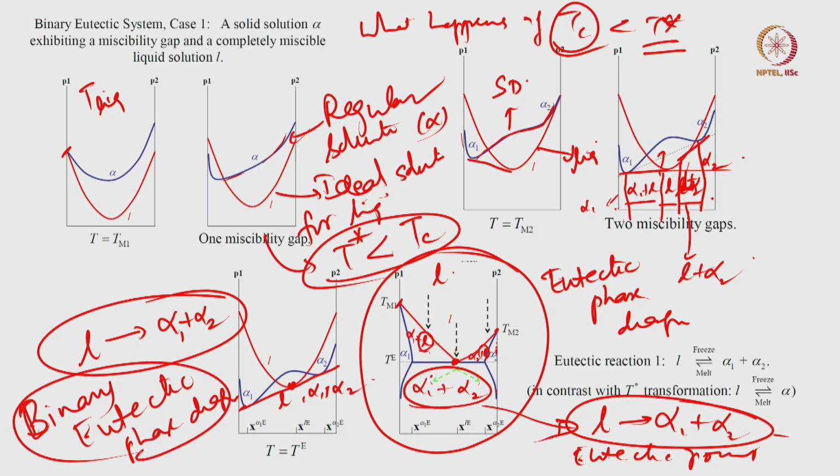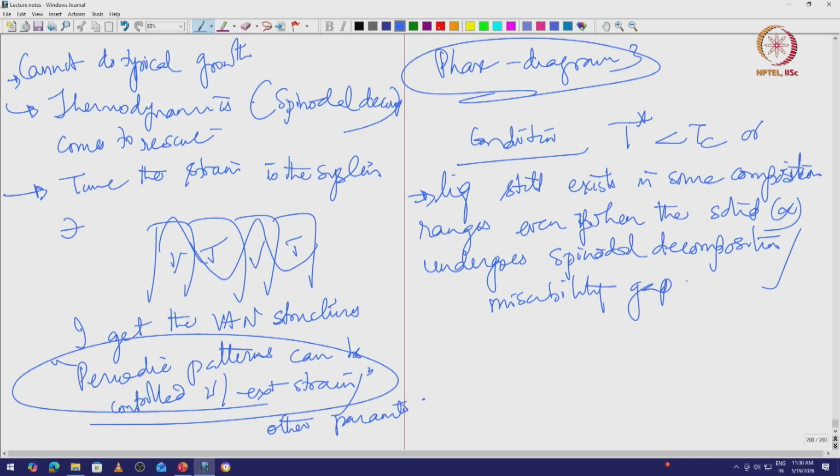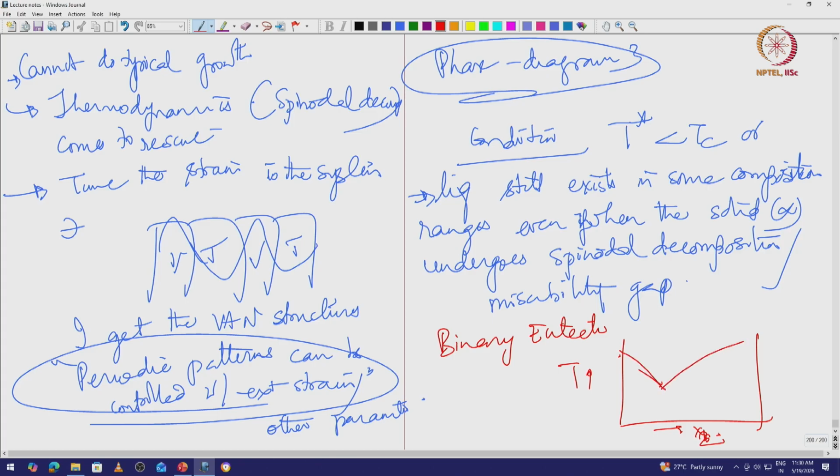So, that is our phase diagram number 3, a binary eutectic, where this is temperature and this is composition x_B or x2. I have an alpha 1 phase, I have an alpha 2 phase, this is liquid, and at this point liquid gives alpha 1 plus alpha 2.